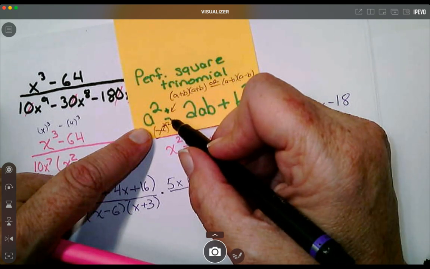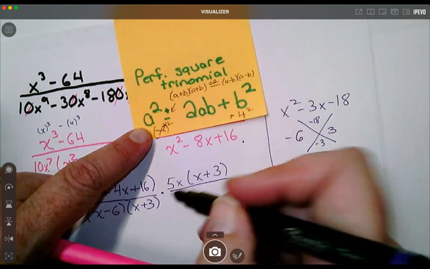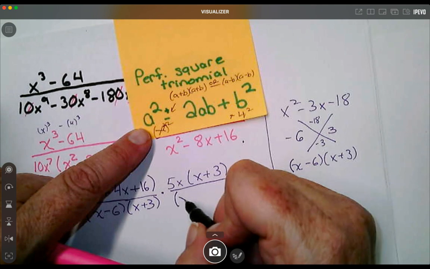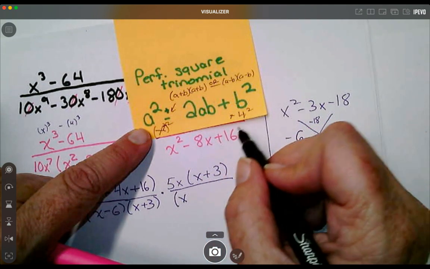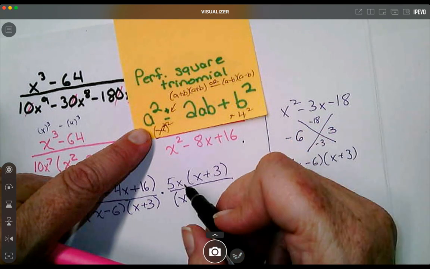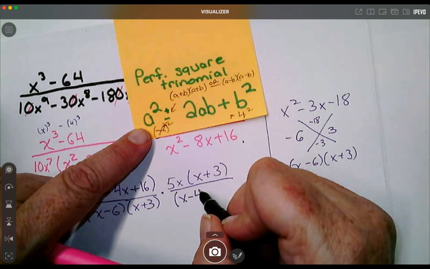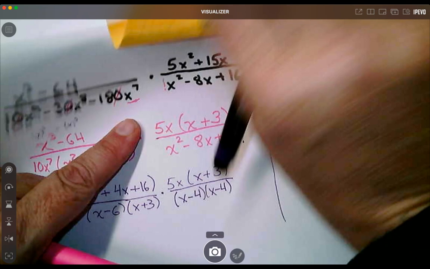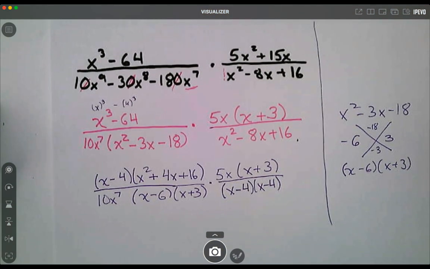If you have a negative here, then it's going to be a minus b, a minus b. A is x, and b, remember, it's going to be smaller than any number you see here. Since 16 is b squared, then b is just 4. So x minus 4, x minus 4. Yes, you could get it with big X also, but it's a lot easier this way.